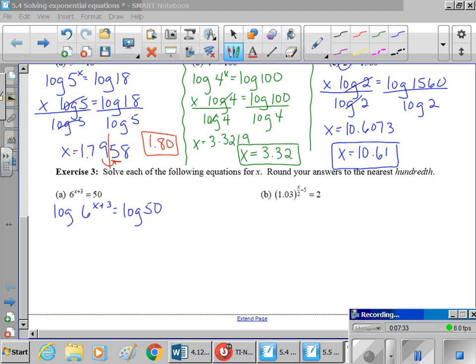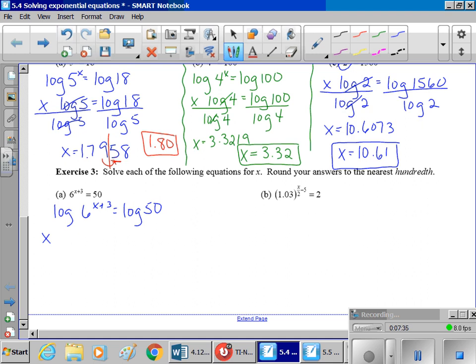So now we just pull that x plus 3 out front like we did before. But x plus 3, I'm going to put in parentheses just to protect it, so I realize that it's not attached to the log. So x plus 3 log 6 is equal to log 50. And we're going to do the same thing. Before I can touch that x, I need to eliminate that log 6, or at least move it over.